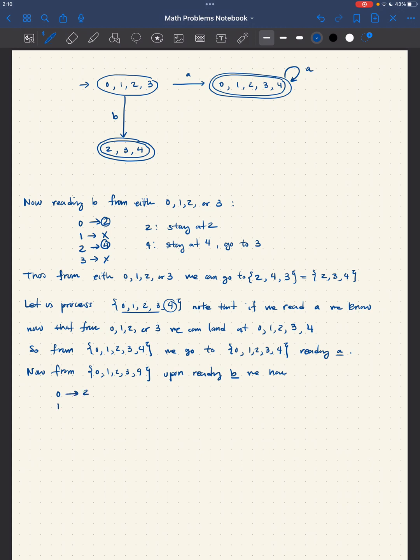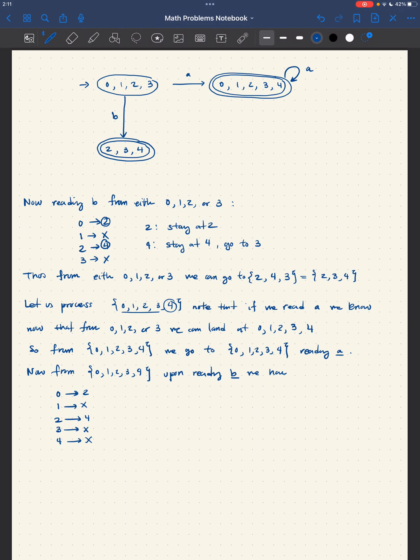From state 1, we read a B and we get nowhere. From state 2, we read a B and we go to 4. From state 3, we read a B and we do nothing. From state 4, we read a B and there's nothing that we can do.